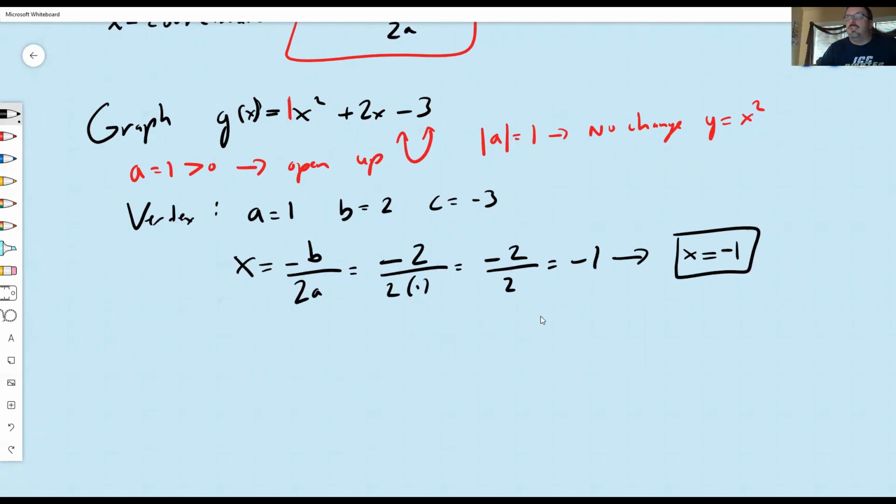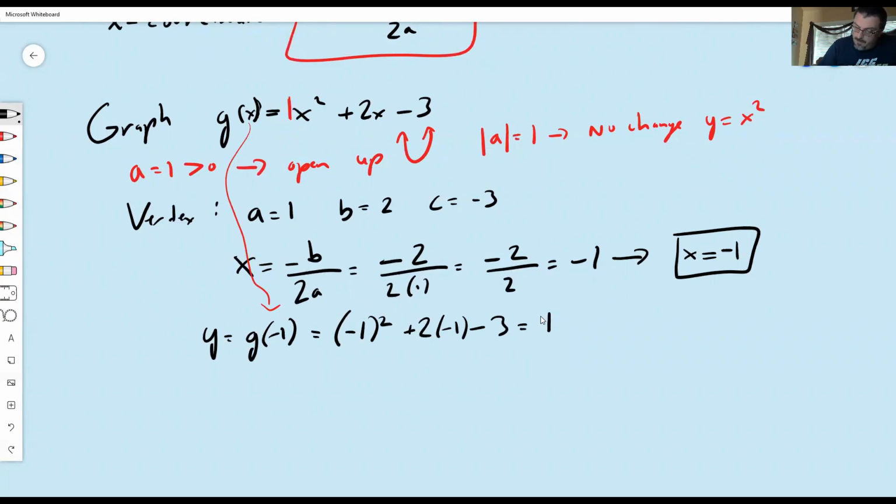All right, how do you get the y-coordinate? If I have an x value, I put it into the function. So y equals g of minus 1, and then I'm just going to use my function up here. So minus 1 squared, plus 2 times minus 1, minus 3.